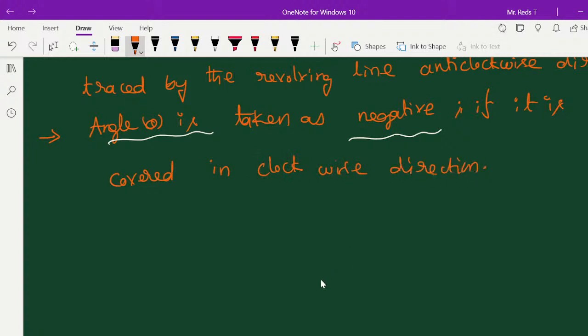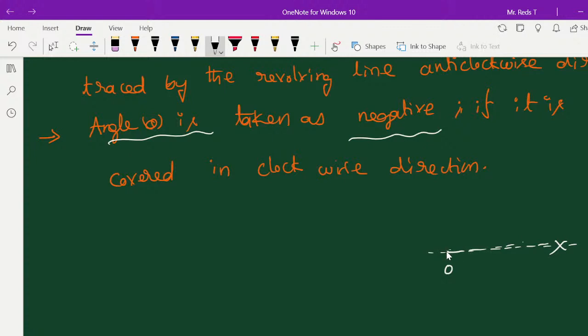What does that mean? Let me show you here pictorially. Let us say we have O and X, and initially the line OP is along this OX.